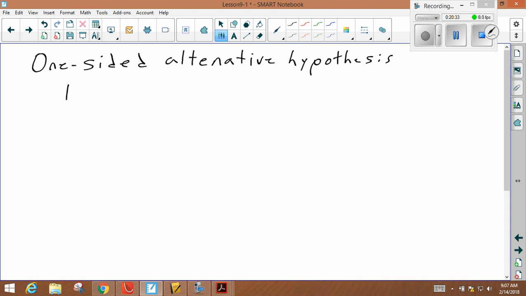We're going to have H naught is going to be a parameter equals some value.